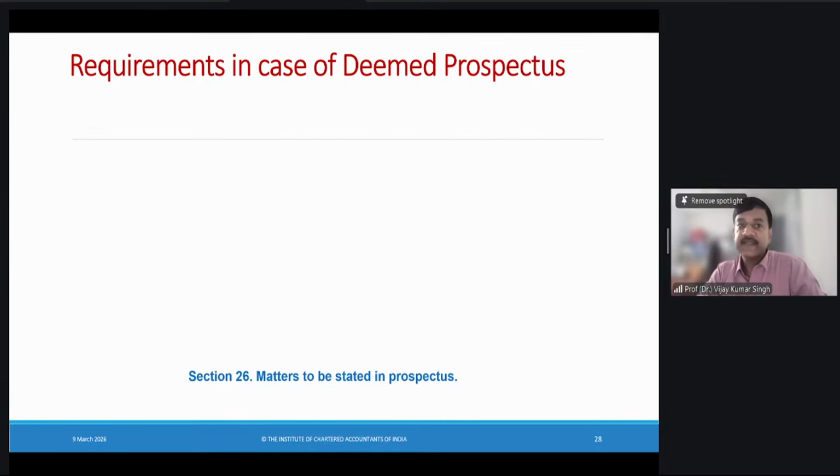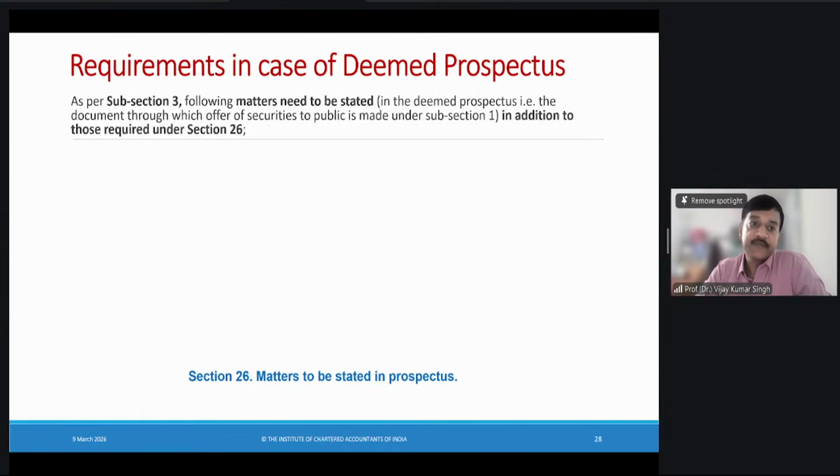As per subsection 3 of section 25, the following matters need to be stated in the deemed prospectus, that is the document through which the offer of securities to the public is made under subsection 1, in addition to the requirement under section 26. Section 26 provides for broader requirements, and for a deemed prospectus you have to mention some additional requirements.